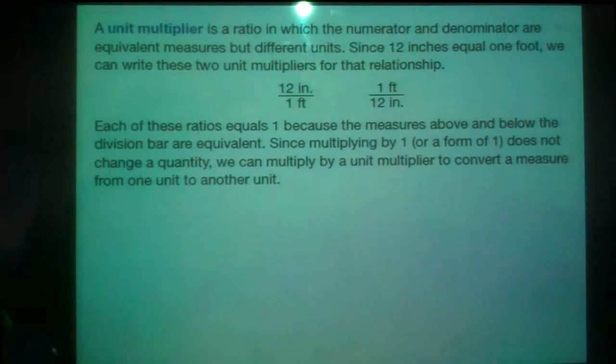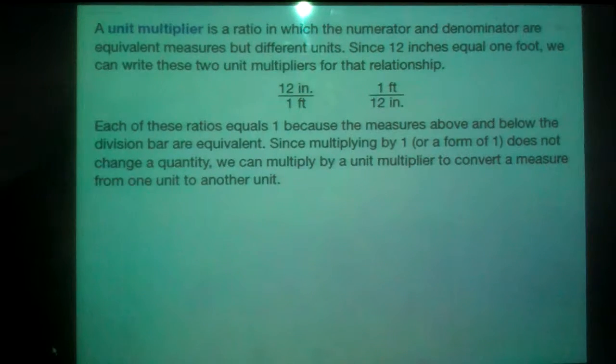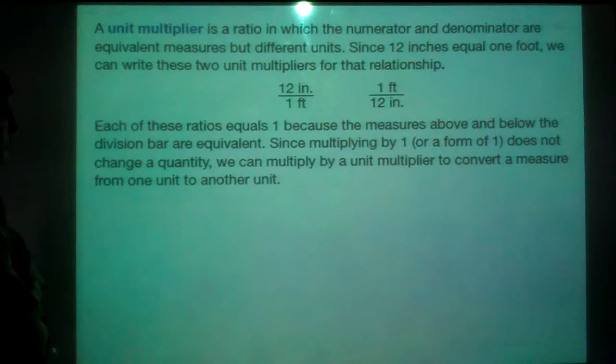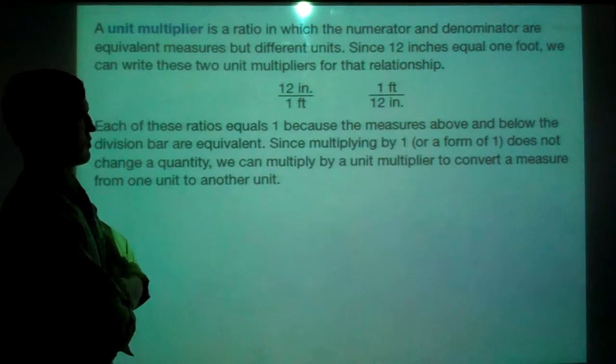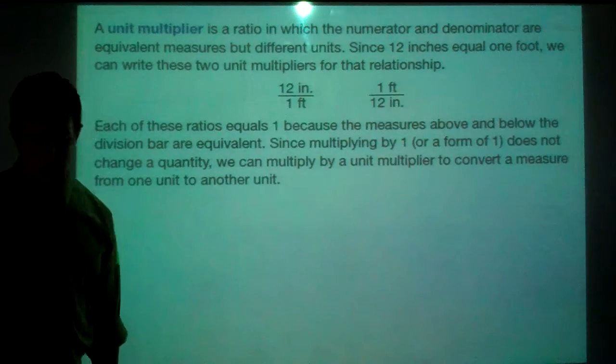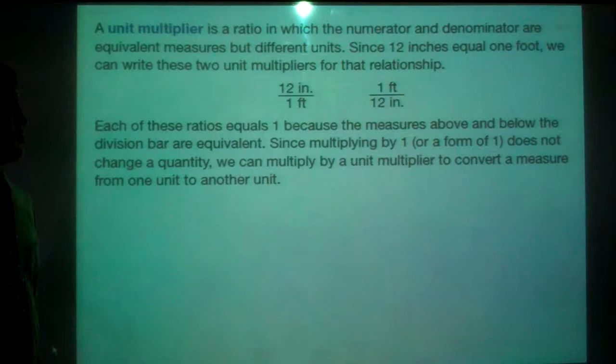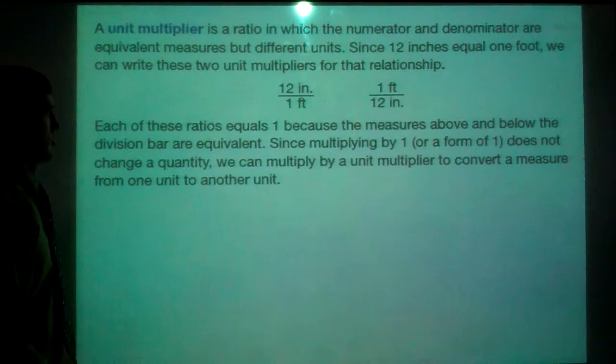Alright, first of all, a unit multiplier is a ratio in which the numerator and denominator are equivalent measures but different units. For instance, if we look at 12 inches, we know that there are 12 inches in a foot, so 1 foot equals 12 inches.